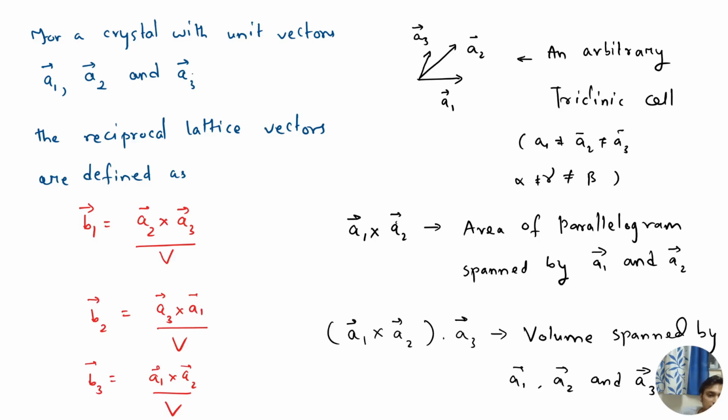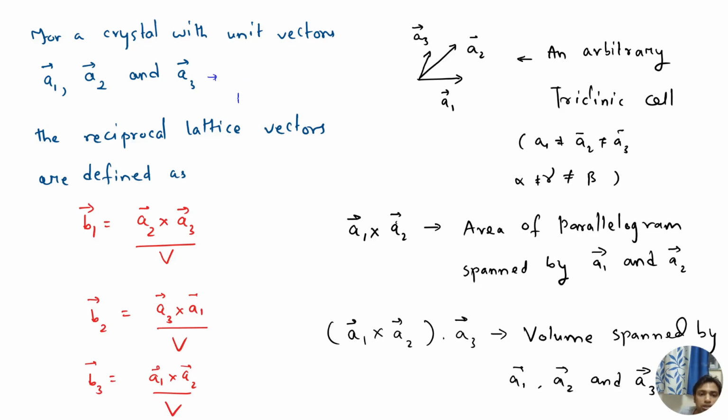So, what is a crystal? A crystal is formed by the translation of the unit vectors, or a linear combination of a1, a2, and a3. Corresponding to these unit vectors, how can we represent a crystal structure?